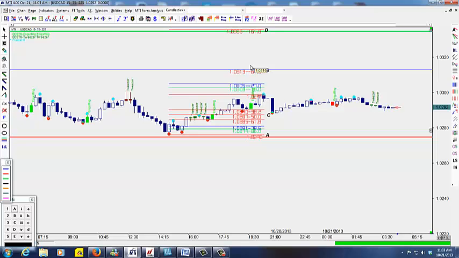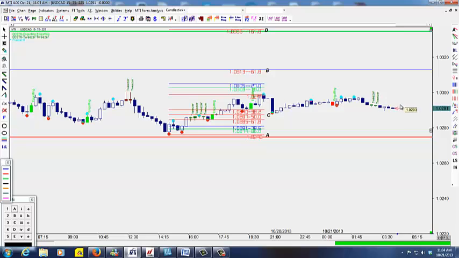Some people scale into a trade, some people scale out of a trade. I scale out of a trade. So when I go into my trade, I go in at my full size, and as I gain profits, I scale out. Some people scale in. Some people take one third, and 1/3, and let the last 1/3 run as a runner.